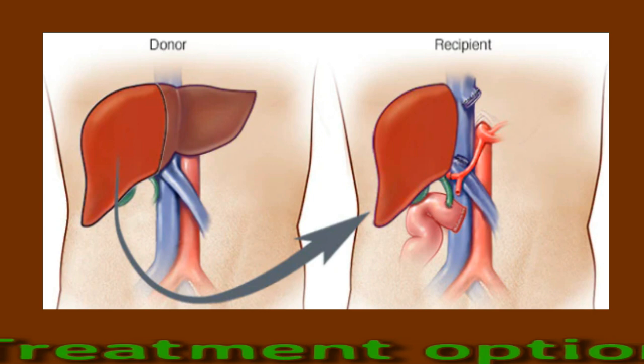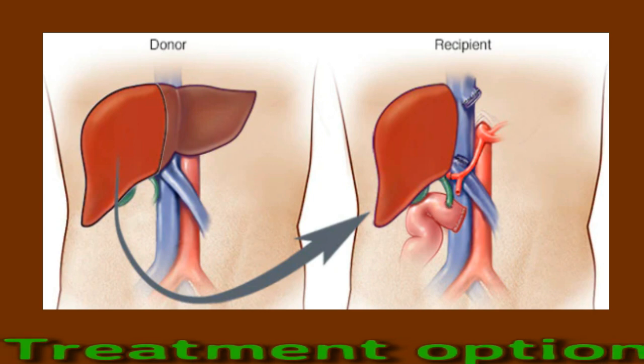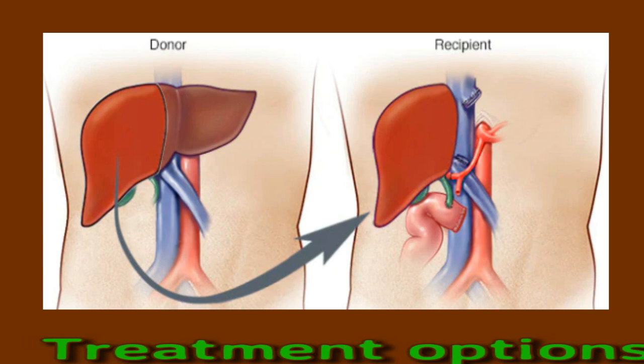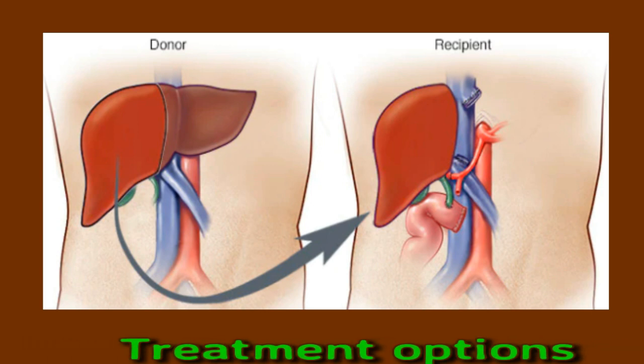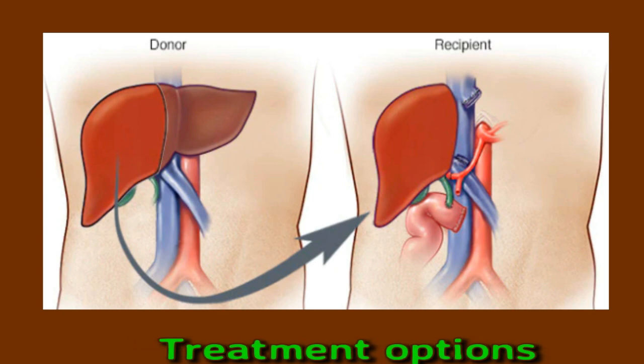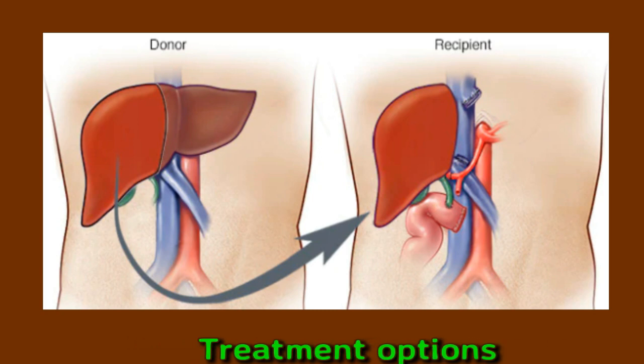However, treatment for the later stages of liver disease can only stop it from worsening, with the aim of prolonging life. Possible treatments for people who experience chronic or acute liver disease include antiviral medications. If the cause of the liver disease is viral hepatitis, a person may require antiviral medications.